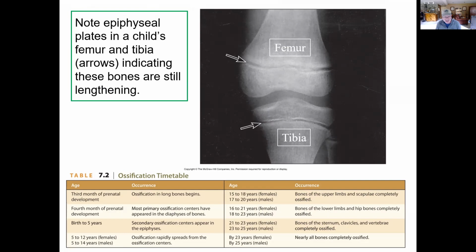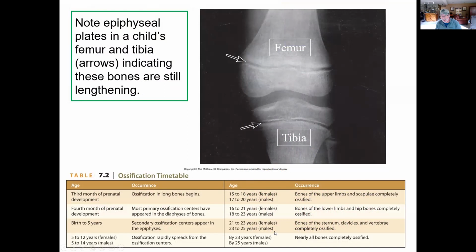Now, you don't have to memorize this table, although we did talk about how intramembranous was primarily at work during the first 2 months of fetal development, and then from month 2 on, endochondral began. One thing to note is that even into your early 20s, you still have ossification occurring. In other words, replacement of mesenchymal tissue or replacement of hyaline cartilage.